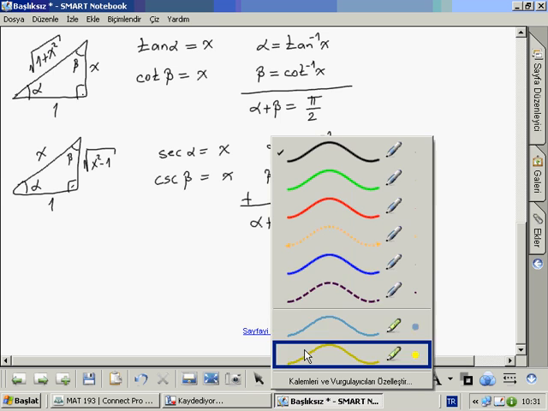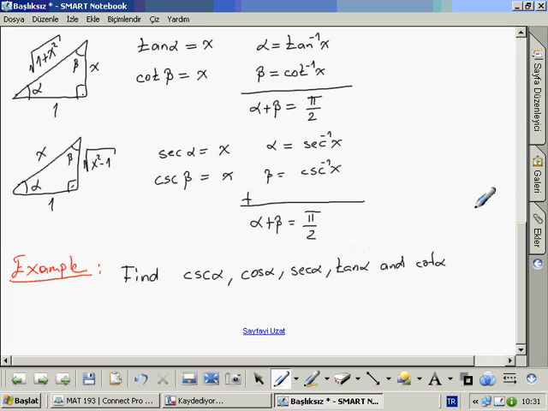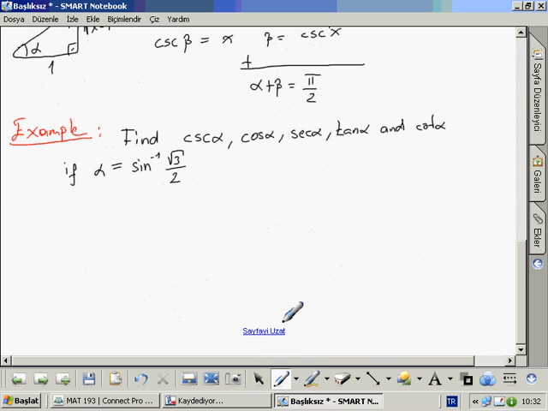And let me give you an example. Find the cosecant alpha, cosine alpha, secant alpha, tan alpha, and cot alpha if alpha equals inverse sine of square root of 3 over 2.